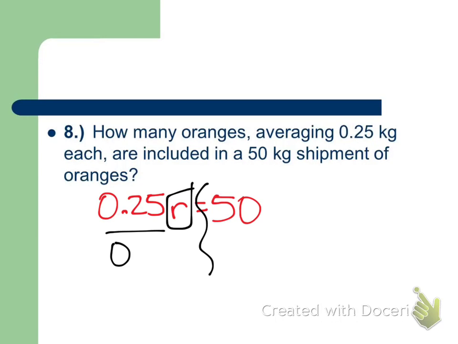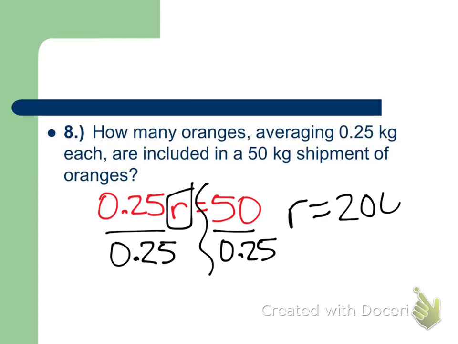So we divide both sides by 0.25. Again, a calculator is going to come in handy here. We are going to end up with 200 oranges.